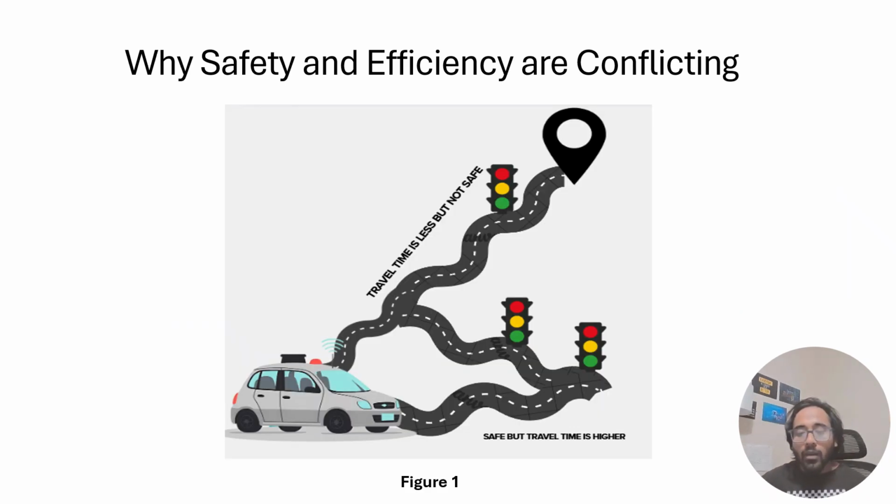As I mentioned before, safety and efficiency are conflicting. Let's try to understand with a diagram. Here you can see this car has two choices. The first one is the shortest path, but it is not safe. The second one is very safe, but the travel time is very high.